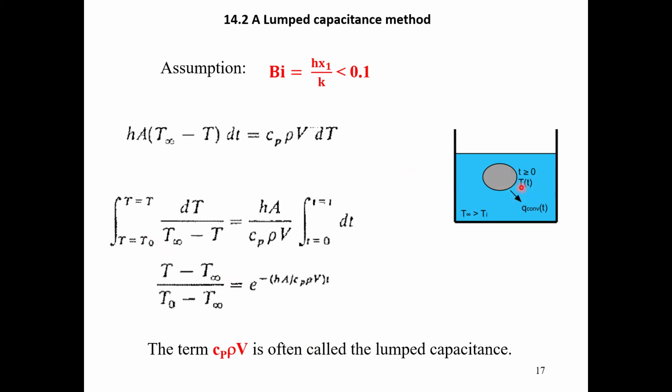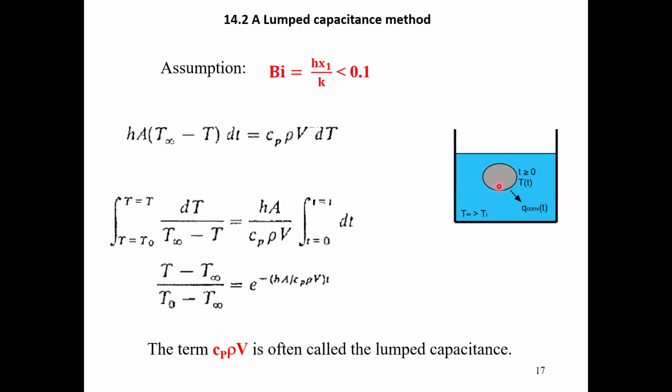It is dropped into a vessel that has fluid at T infinity, and this object can be a metallic bead. Metals have a very high thermal conductivity, and for that reason you can assume that the temperature within any point of the metal is the same.